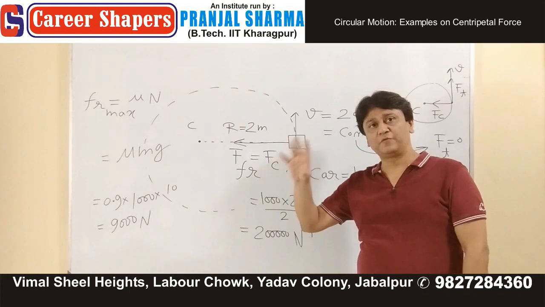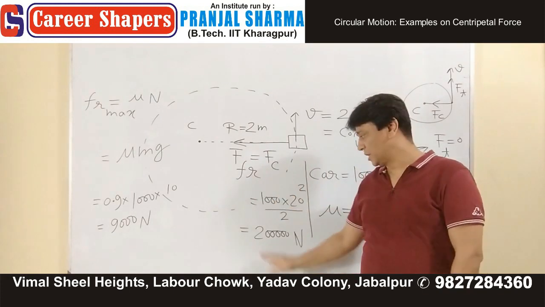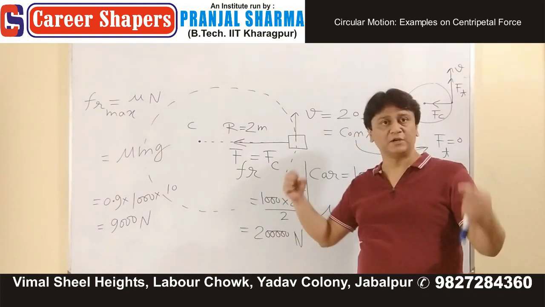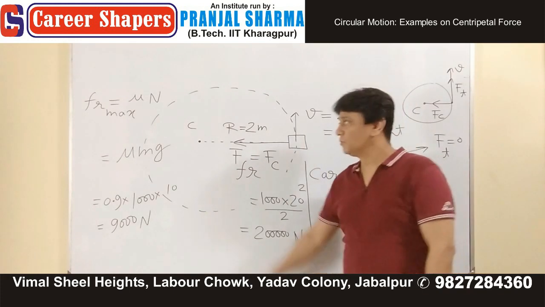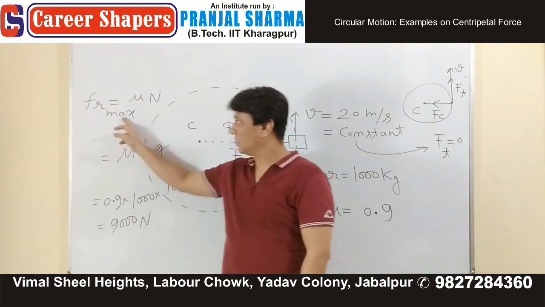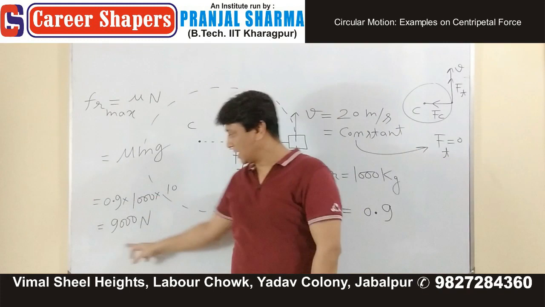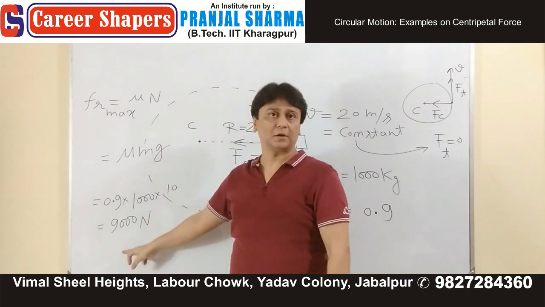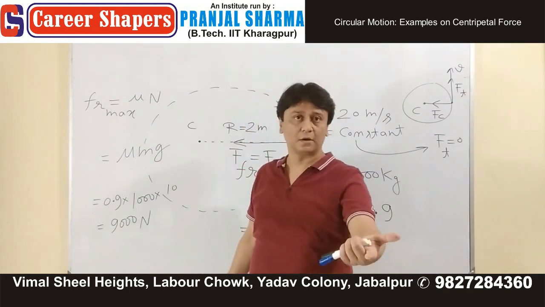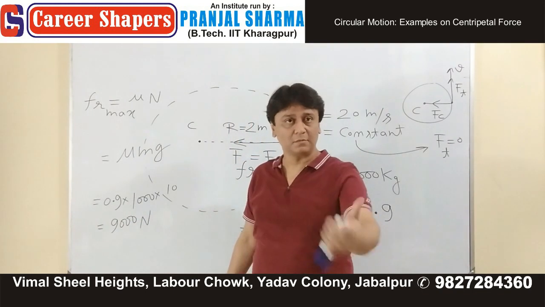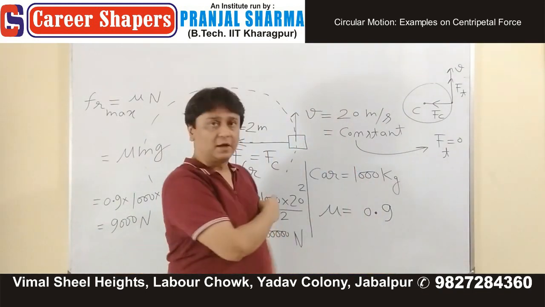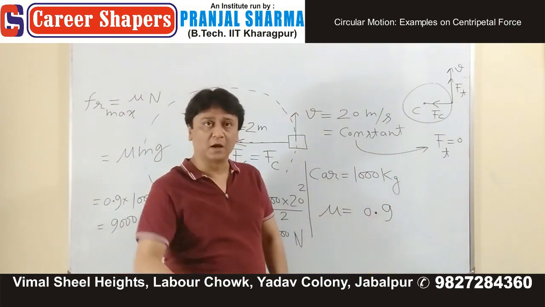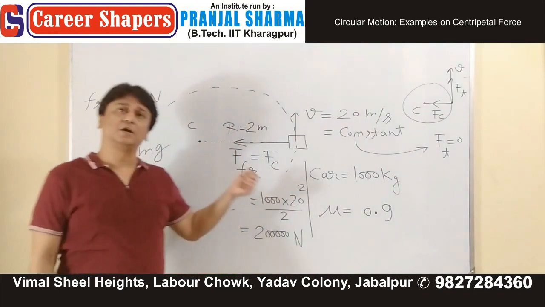So you told friction that you need 200,000, and friction says the maximum I can give you is 9,000. Which means this car cannot make this circular turn.